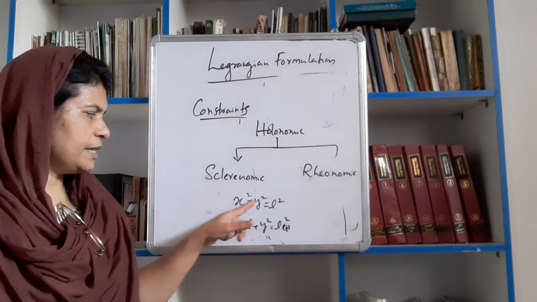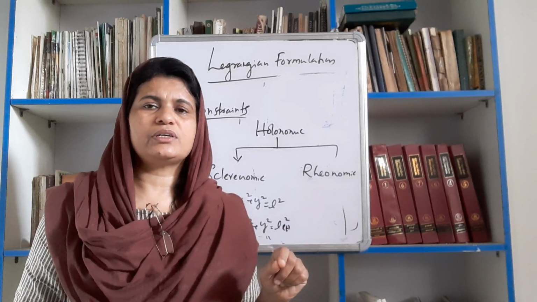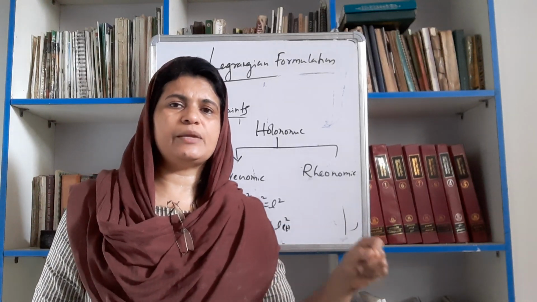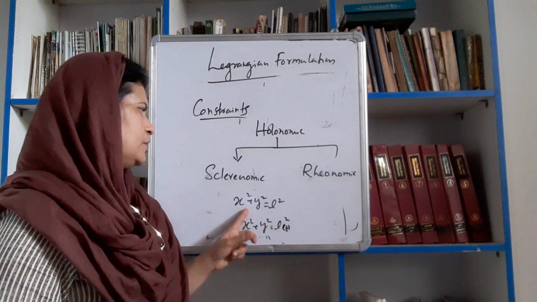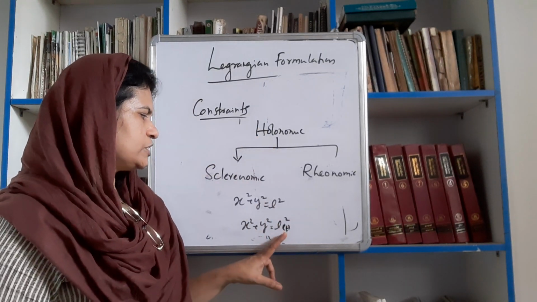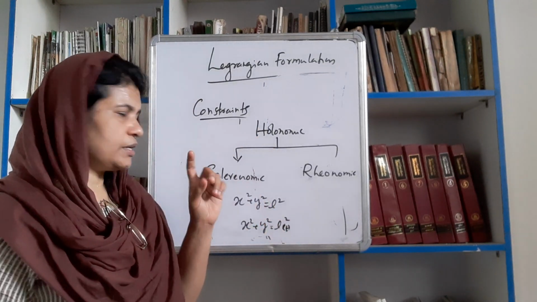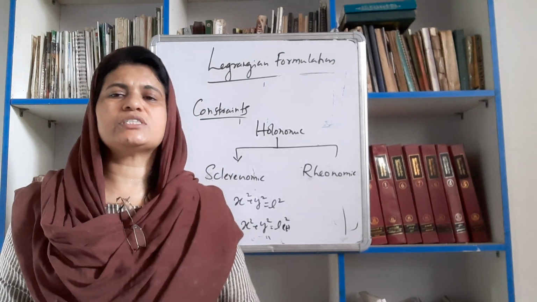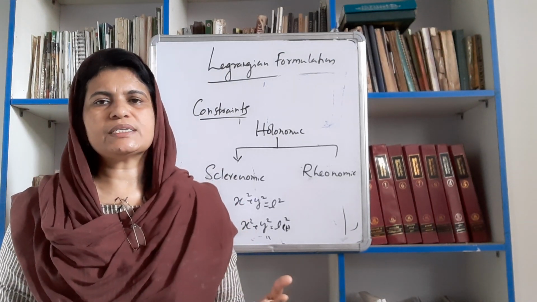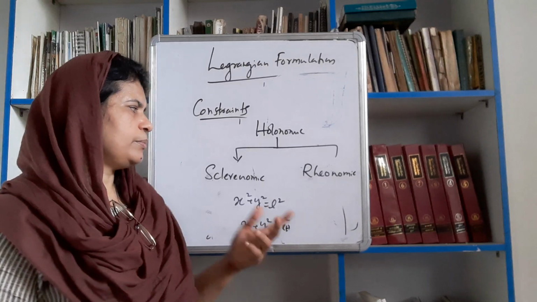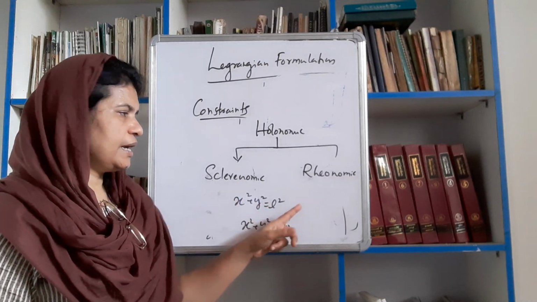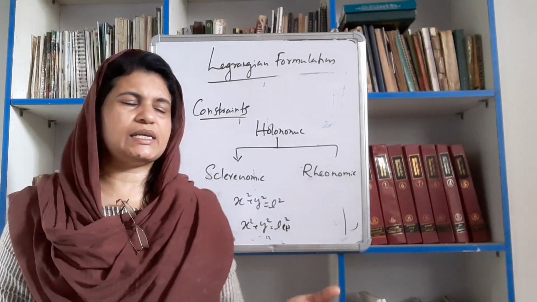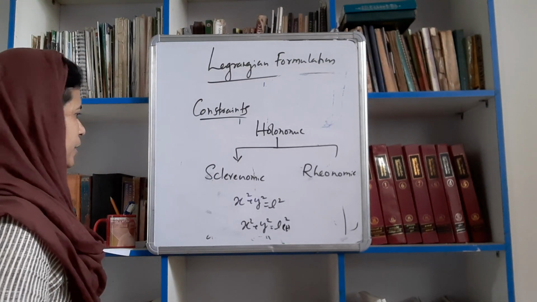Therefore, a constrained motion which explicitly does not depend on time is called scleronomic constraint, and if it depends on time explicitly, that is called rheonomic constraint.